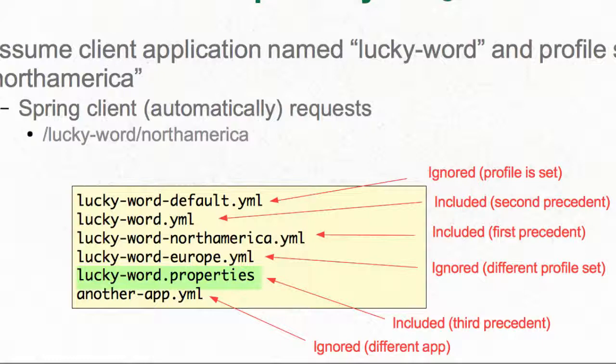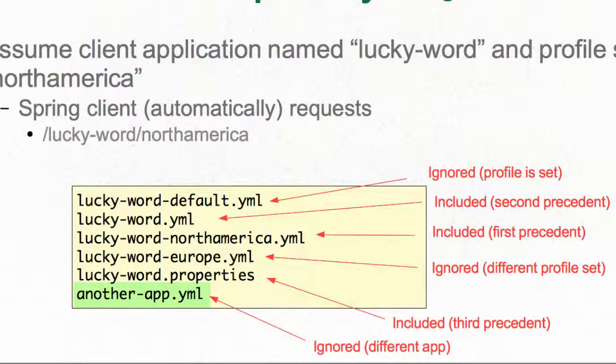Lucky-Word.properties would be included because, just as Lucky-Word.yaml is, it does not contain the name of a profile at all. It happens to be the third place winner here simply because Spring Cloud Config Server happens to look at YAML files over property files. One has to come first, right?